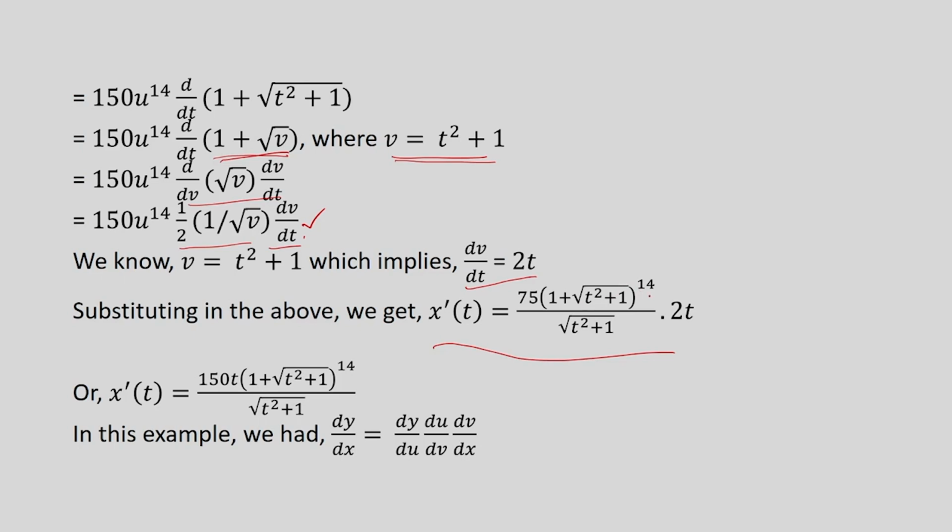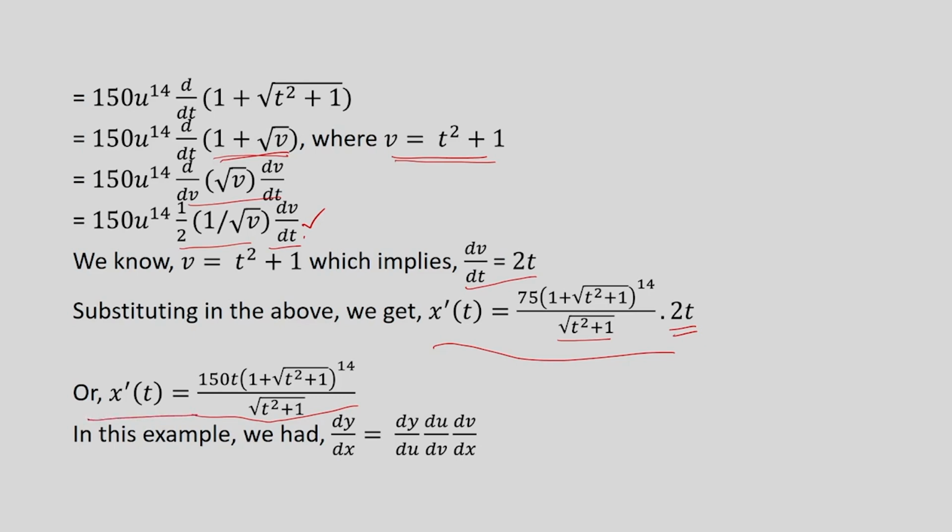So, u to the power 14 multiplied by 1 divided by root over v, multiplied by dv dt, which is 2t. This can be written in this form, because 2 multiplied by 75 is 150, and I have taken t in front and the rest of the terms are the same. So, you have this to be our answer.